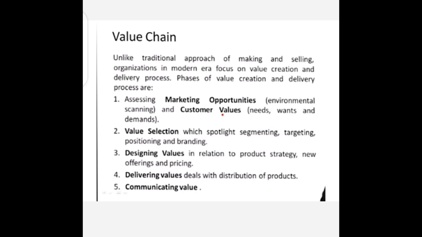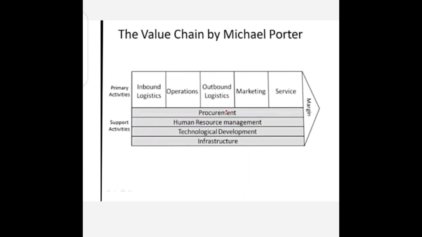made aware to the customers. So the value chain by Michael Porter starts from some primary activities which include inbound logistics. We will order input from the suppliers, then we will process it into the output, like we will provide some operations in it, then it becomes our product.